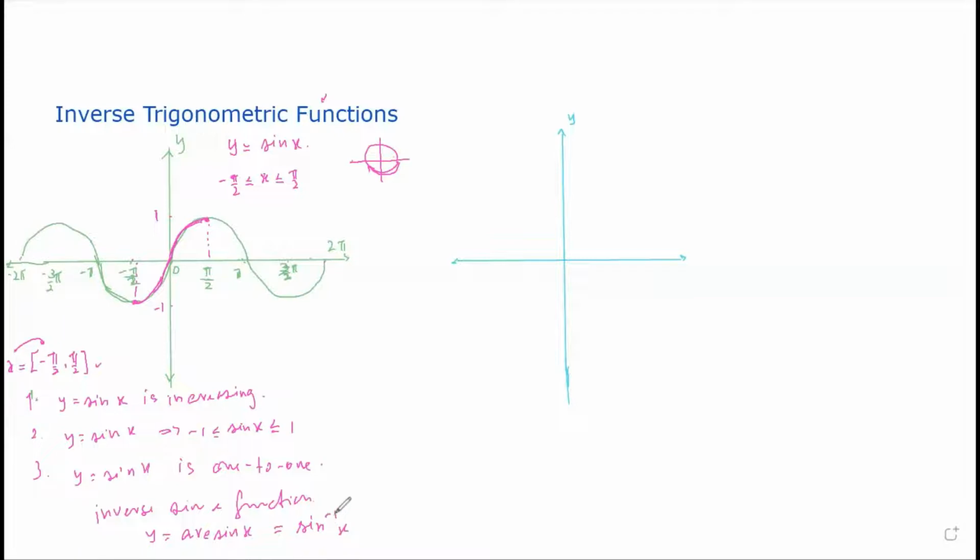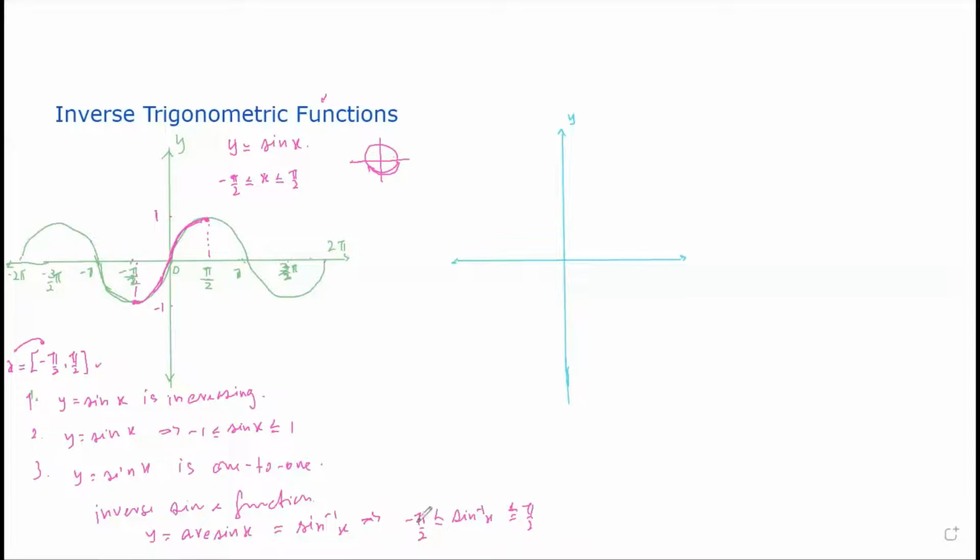So then arc sine of x is between, in other words, arc sine x is less than or equal to pi over 2, and greater than or equal to negative pi over 2.